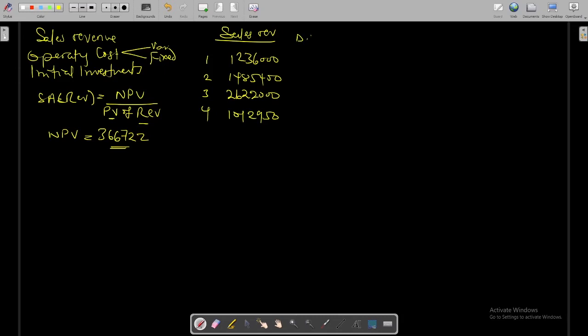So we use a discount factor. According to the question, the discount factor was 10%. So 10% for year 1 will give us a discount factor of 0.909, 0.826, 0.751, and 0.683. So when we multiply this by this, we are going to get the PVs. So let's do the multiplication and see what we are going to get.